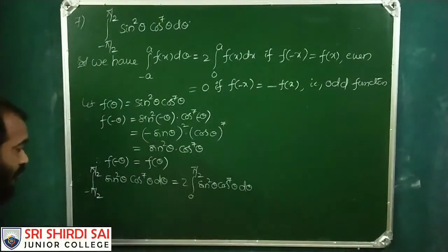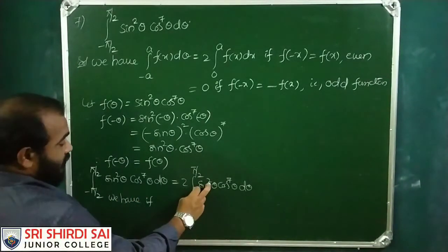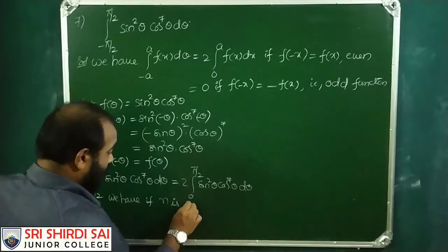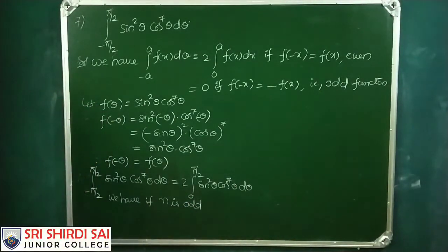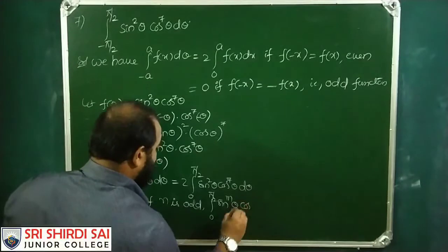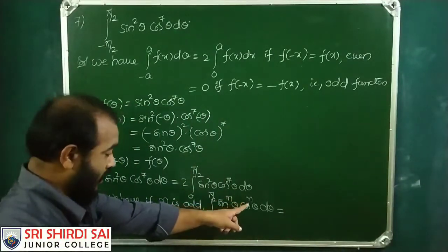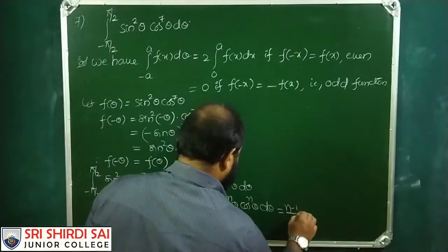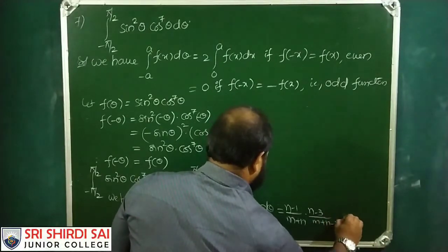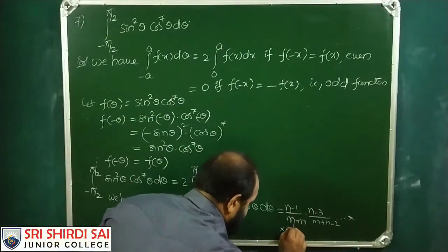So we have a formula. What is the formula we have? If m is even and n is odd, integral 0 to pi by 2 of sin power m theta into cos power n theta d theta is equal to how much? n minus 1 by m plus n, n minus 3 by m plus n minus 2, etcetera, into, this is 1 by m plus 1.